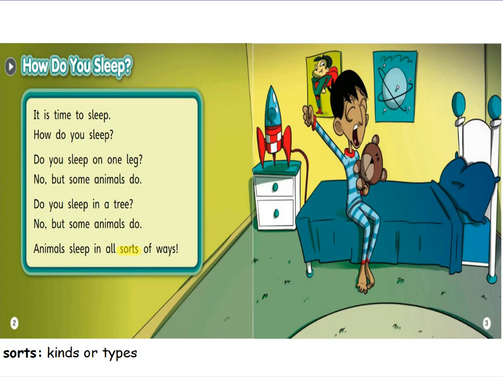So when I read the sentence, animals sleep in all sorts of ways, the word sorts is talking about the different kind of ways animals sleep, like in a tree or on one leg. Those would be different sorts or kinds of ways to sleep.